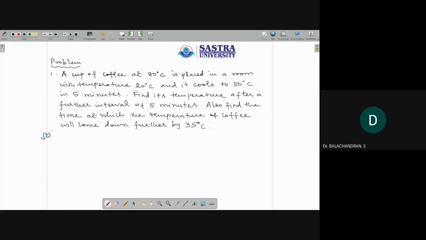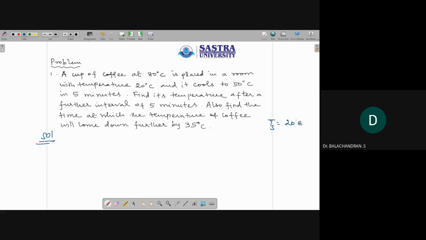So, the solution. Before going to the solution, I will write here what the surrounding temperature Ts is. Ts is 20 degrees Celsius.